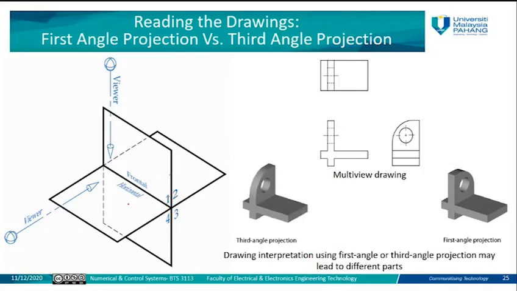If you say this is A, this is B, this is C, this is D, for example, the angle between planes B and A we call angle number one. The angle between B and C is angle number two. The angle between C and D is angle number three. The angle between D and A is angle number four.